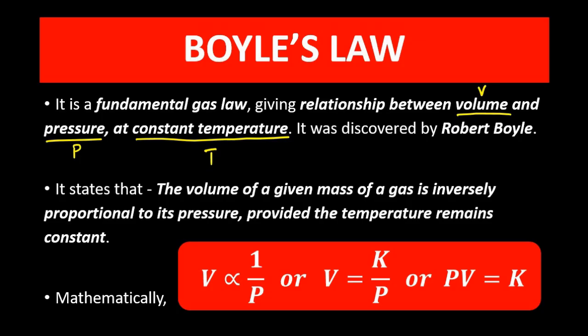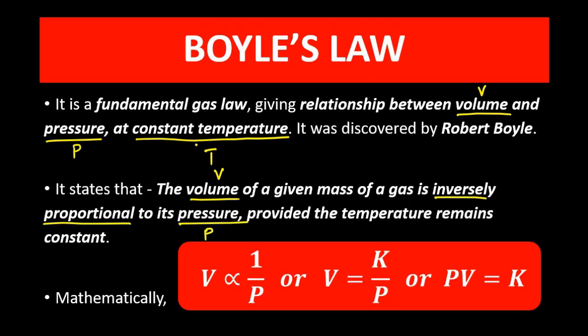So what does the law say? It states that the volume of a given mass of any gas is inversely proportional to its pressure. The volume V is inversely proportional to its pressure P at constant temperature.